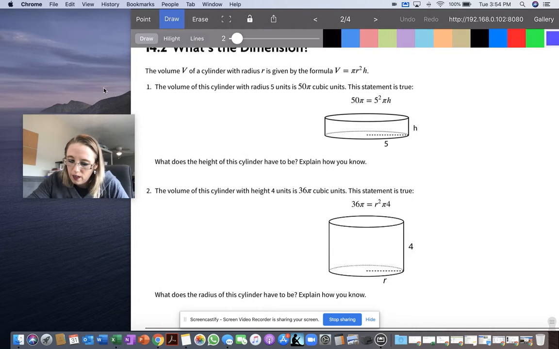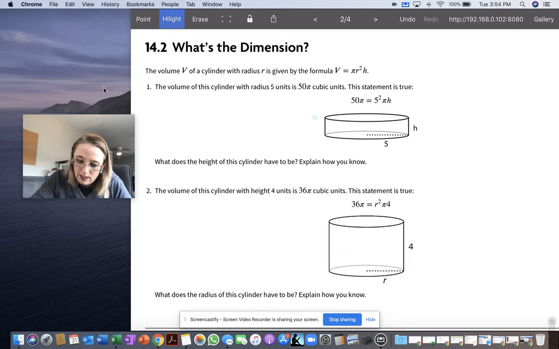So we know that formula is super important, so do not forget this formula, commit it to memory, okay? So it says the volume of this cylinder with radius 5 units is 50 pi cubic units.